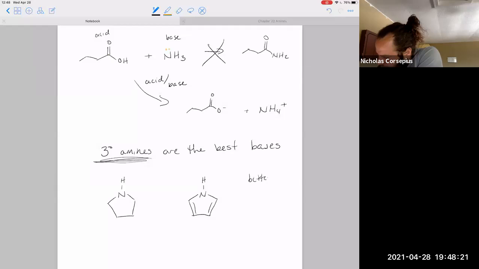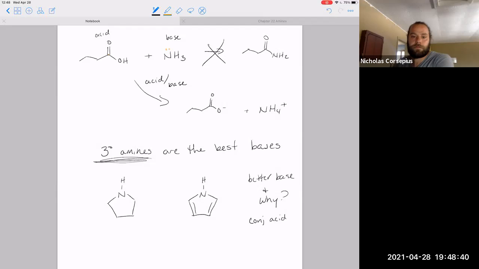Which one's the better base and why? Let's take a second and see if you can tell me which one of these you would expect to be the better base and why. And one thing that might help you do this is to draw the conjugate acid for each one of these.